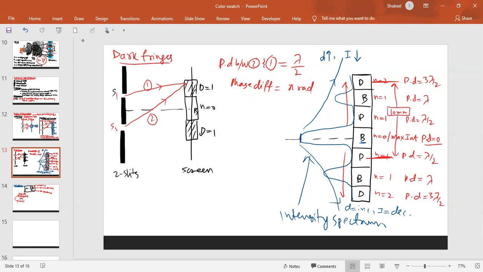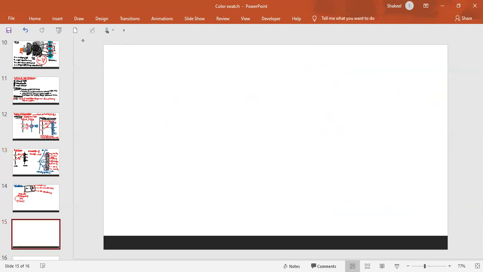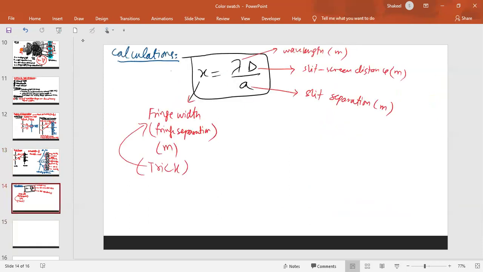Out of this, you have to figure out X. You will say that this 10 millimeters between the two dark patterns is not actually X, but from this dark to this dark is 1, and then this dark is 2. So you will say that actually 2x equals 10 millimeters, and then x would be 10 over 2, so you'll write x as 5 millimeters. So this is the trick that can be there for x.